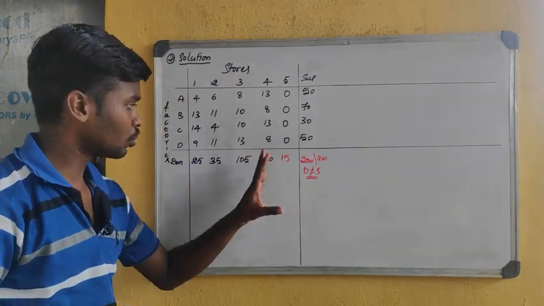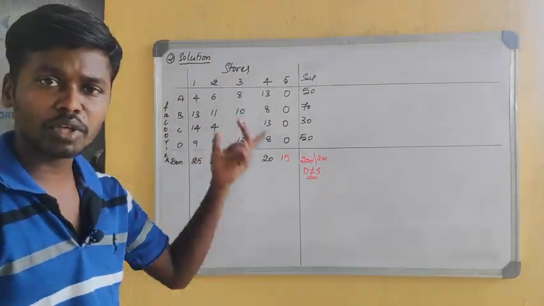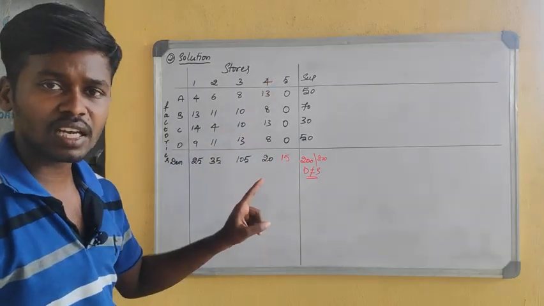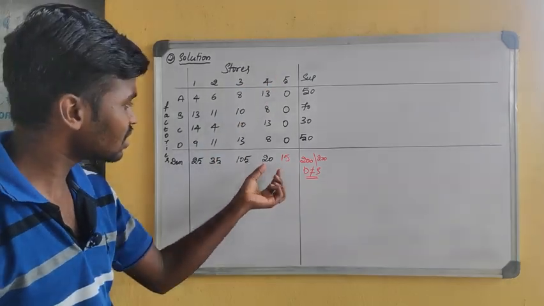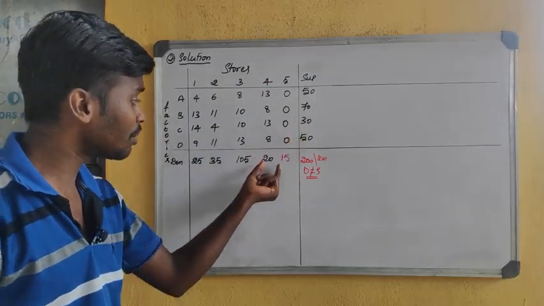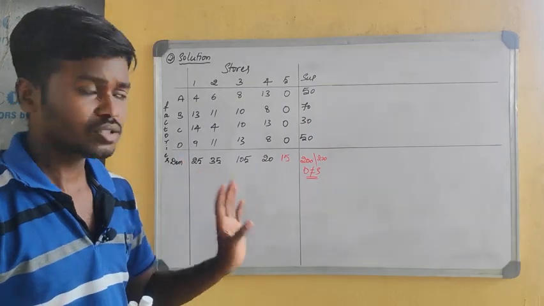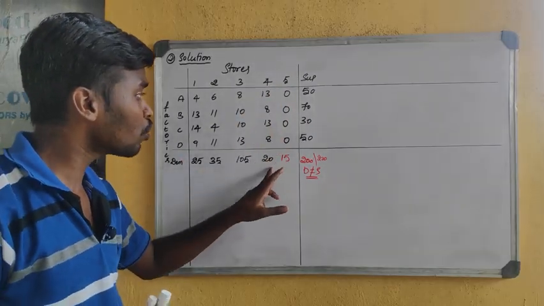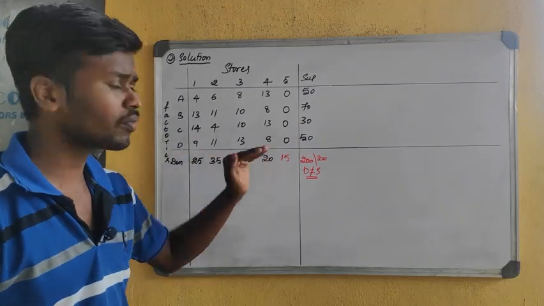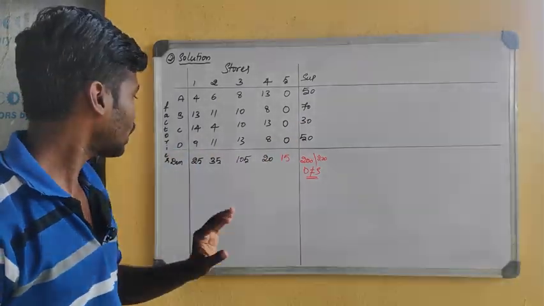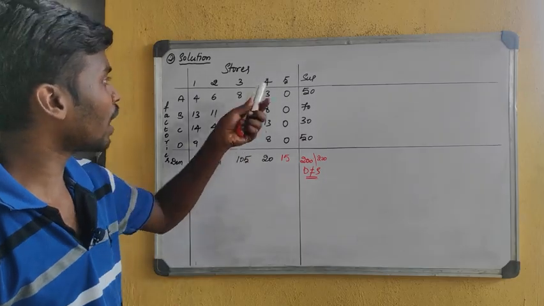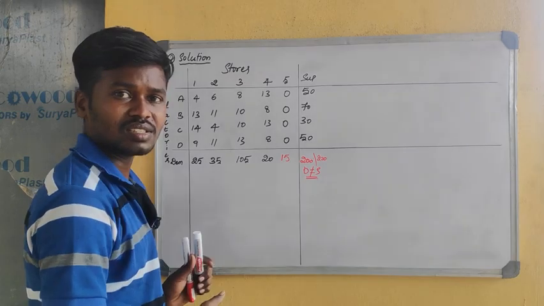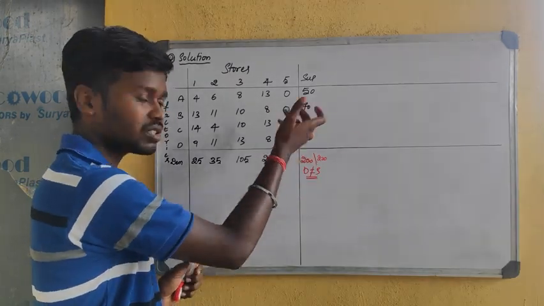To make the unbalanced problem balanced, we add the dummy column because the demand is less than the supply. Similarly, if demand is more than the supply, then we have to add the dummy row. Keep that in mind. Whether to add a dummy column or dummy row, you have to see which is less and which is higher.